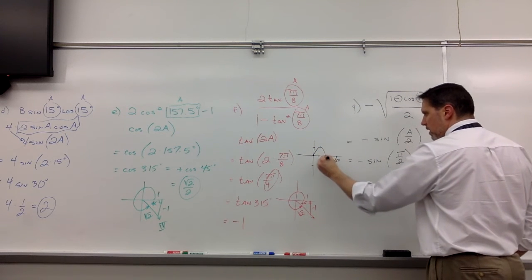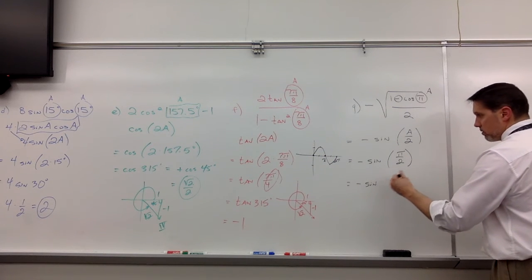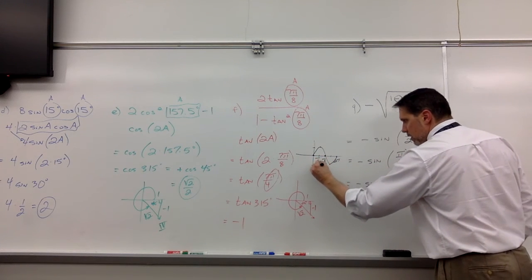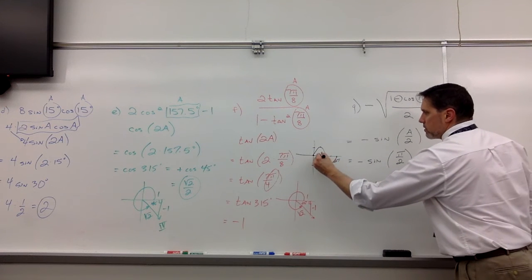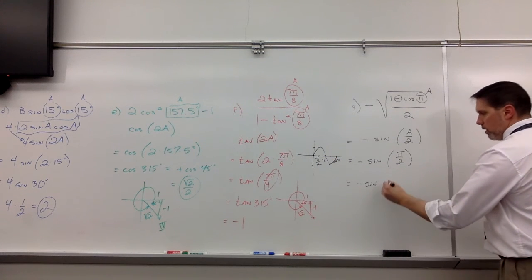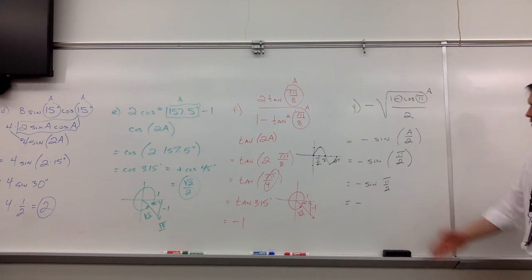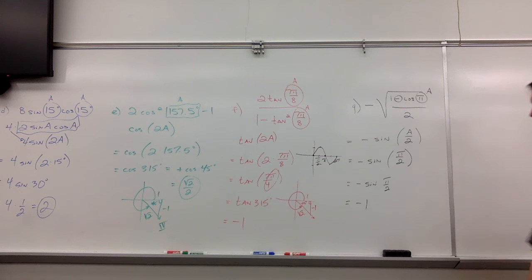Because the sine of pi is 0. That wasn't good. We're looking for the sine of pi halves, not the sine of pi. The sine of pi halves is 1. So final answer should be negative 1.